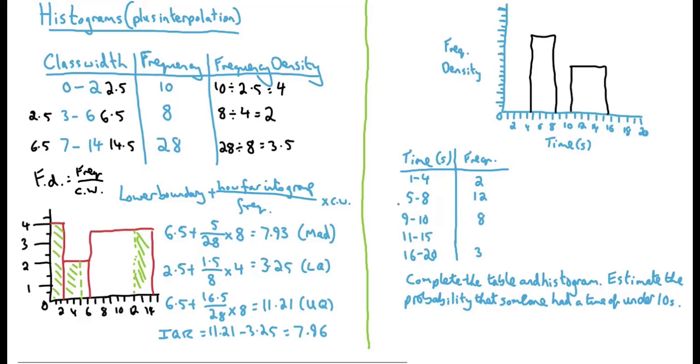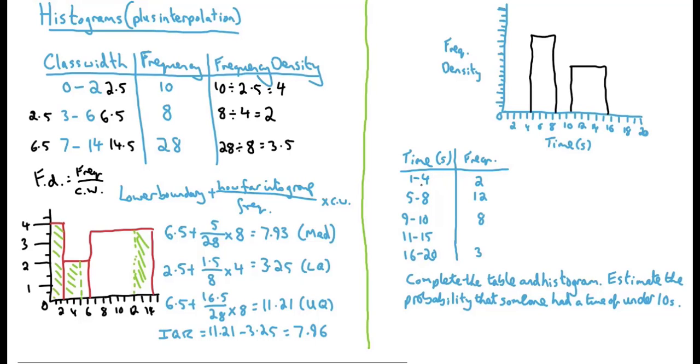So, if we can work out the frequency density from this row, we can then say that that is the height of the bar here, and therefore work out the rest of the scale retroactively. We can't do it for the other bar that we currently have drawn because we're missing its frequency, and you can't do it for any of the other rows because while you can get their frequency density, you don't know how high they would be on that graph.